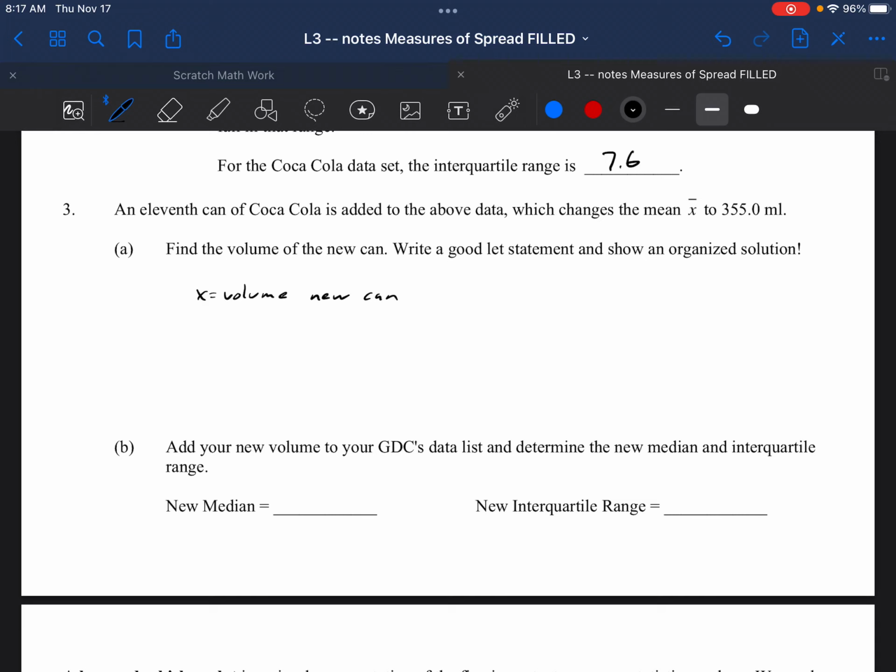And we know that this 355 here is going to be the original sum of the 10 cans plus the volume of the new can divided by 11. Right? So that's our equation that we want to solve.